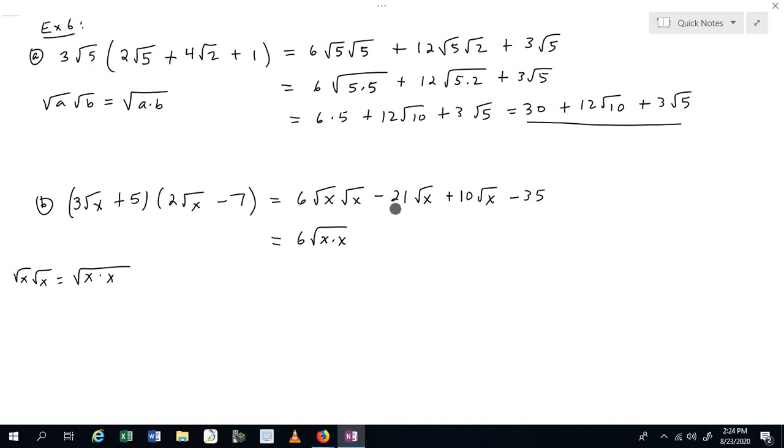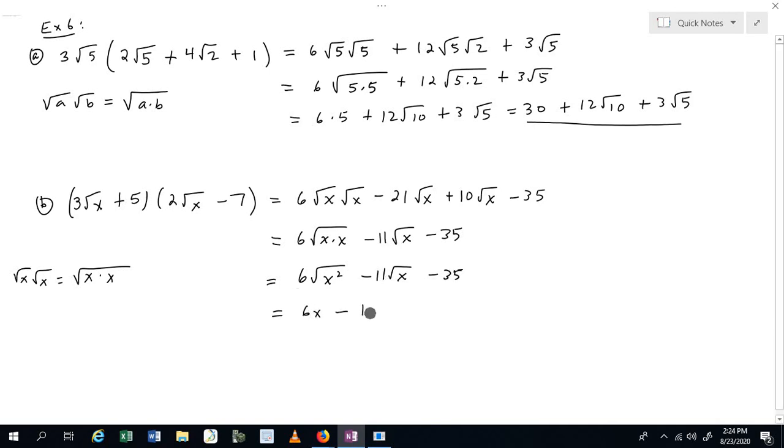They're both square root of x terms. You have negative 21 of them here, and you're adding 10 of them here. So that's negative 11 square roots of x. And then minus 35. And of course, this last part here, x times x is x squared, and then the square root of x squared is simply x. So that's your final answer for that one.